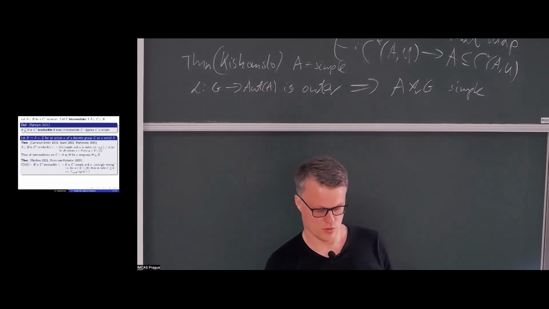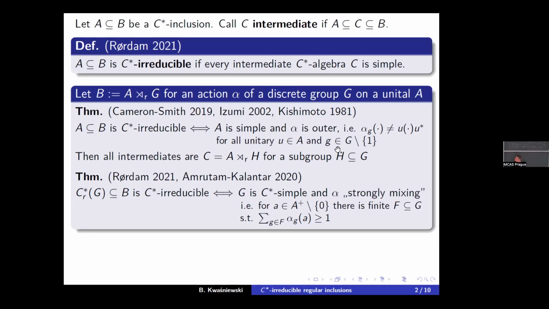And so this inclusion is C*-irreducible if and only if G is C*-simple. So we say that the group is C*-simple if, by definition, the reduced group C*-algebra is simple.